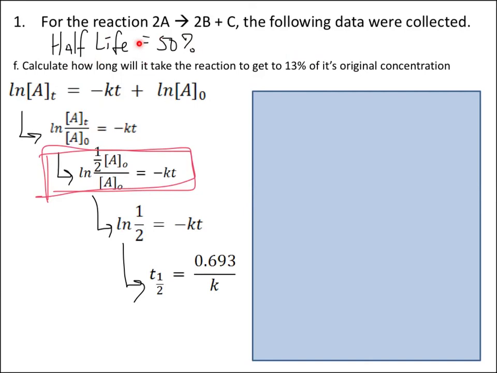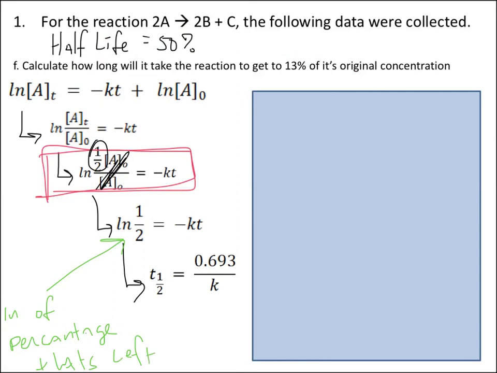And so remember from the lecture that these initial concentrations cancel out, and so I'm just left with this, right? And so I end up taking the natural log of the percentage. This is essentially the natural log of the percentage that's left.